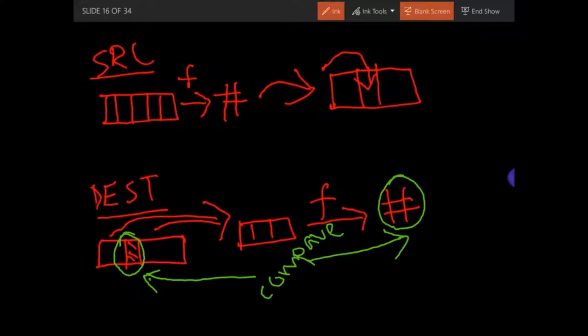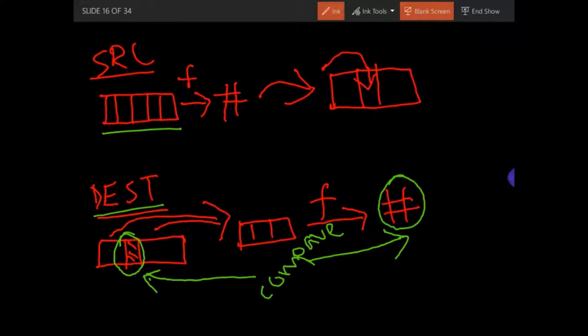And the idea is that if these two are equal, that means the datagram which was sent from the source has not been modified in any form when the destination received it.